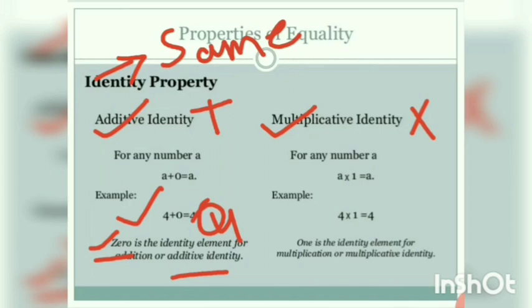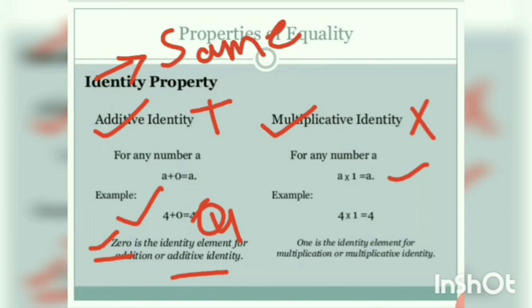In multiplicative identity, which number we will multiply to the given number so that we will get the same number? How we are getting the same number? If we multiply any number with 1, then we are getting the same number, isn't it? Let's see this with the help of example.